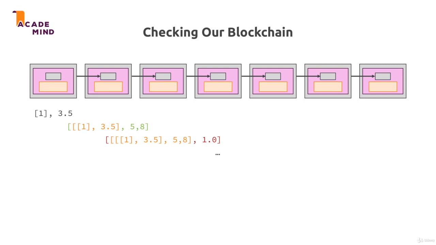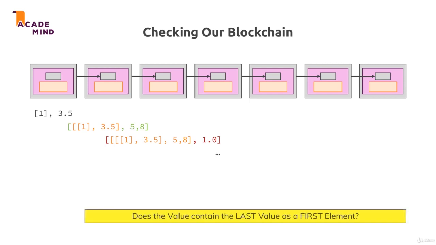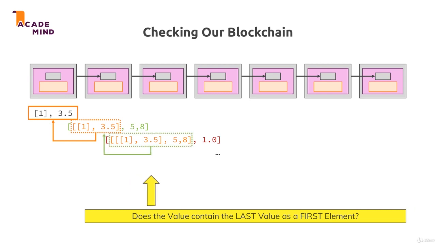And if we change the value of the previous block, they will not equal. So we want to check if for a block, its value contains the last block's value as a first element. So we want to check whether here these two are equal, or for the next block, if these two lists are equal, and so on. So this is the check we want to implement. We can do this with a loop.